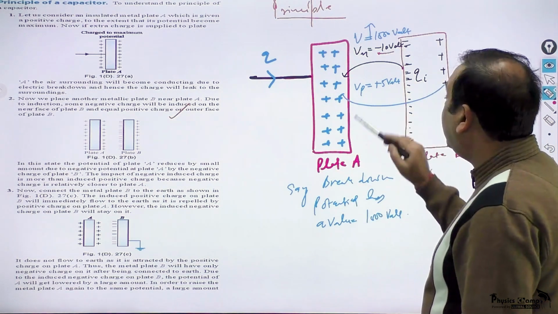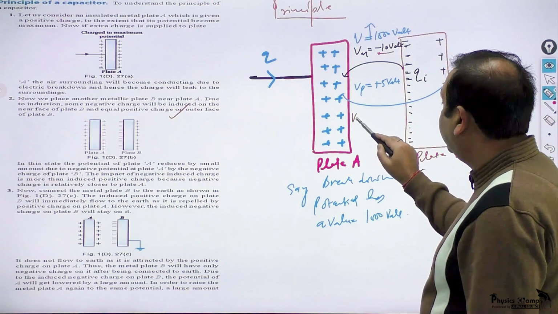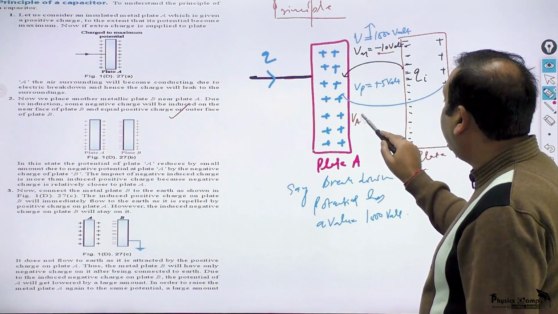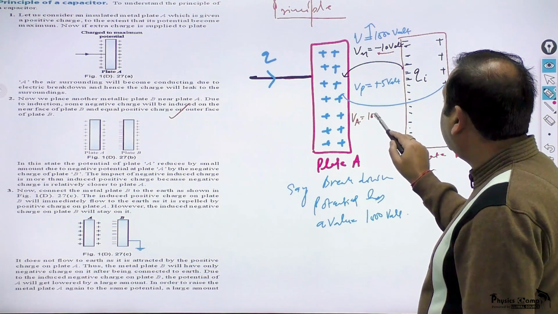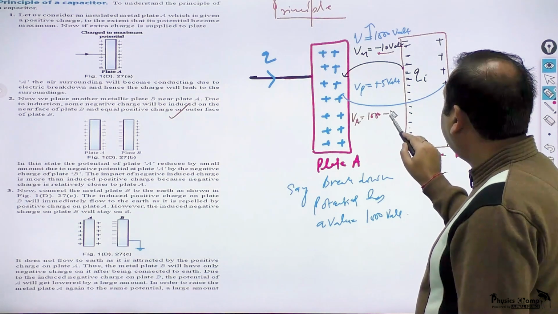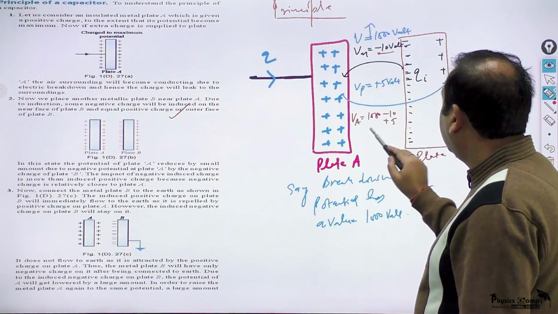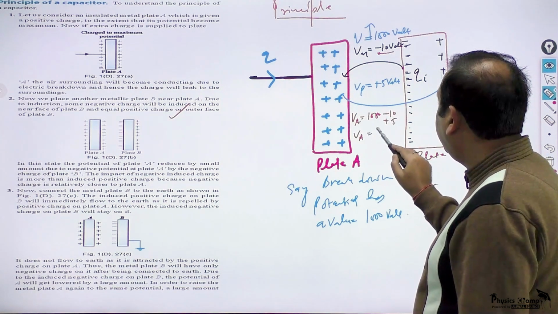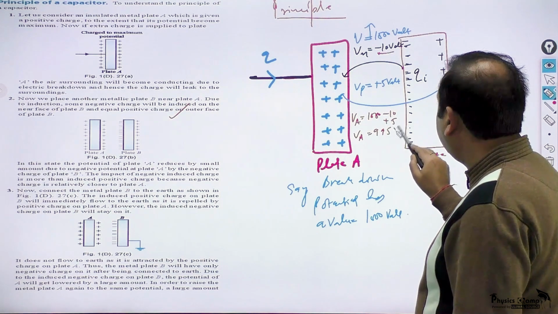So if I ask what is the net potential of A? It will become 1000 minus 10 plus 5. So the potential of A would be 995 volt.